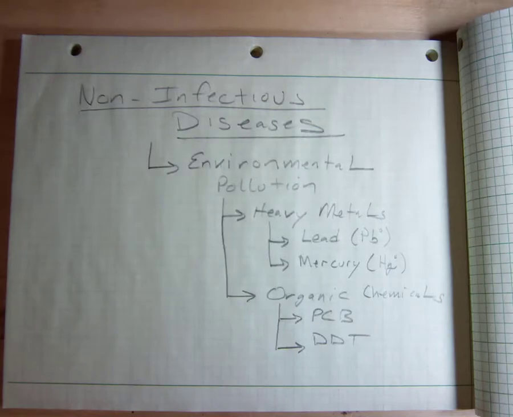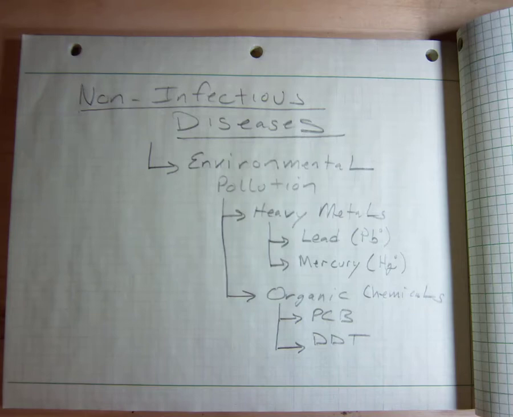A group of substances known as heavy metals is particularly notorious in this regard. Other non-infectious diseases may take years to develop and can involve chronic or long-lasting health problems.